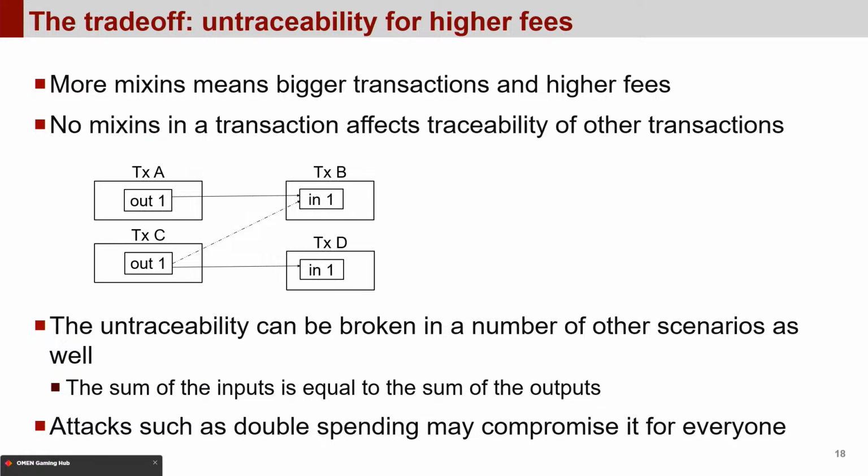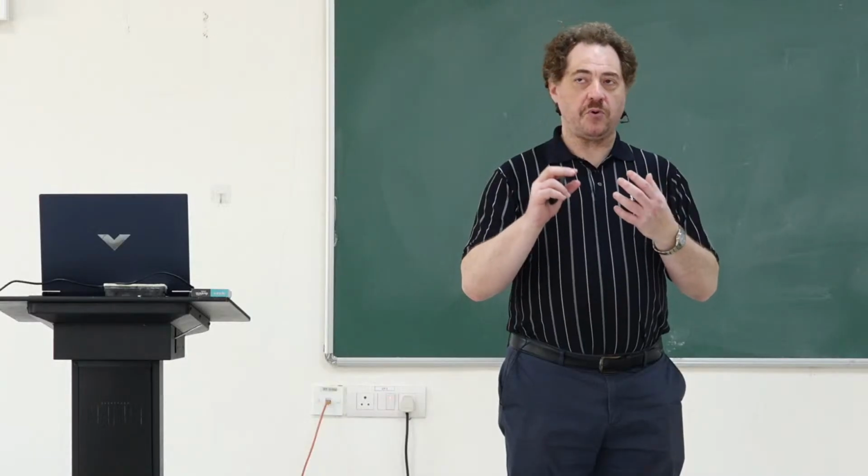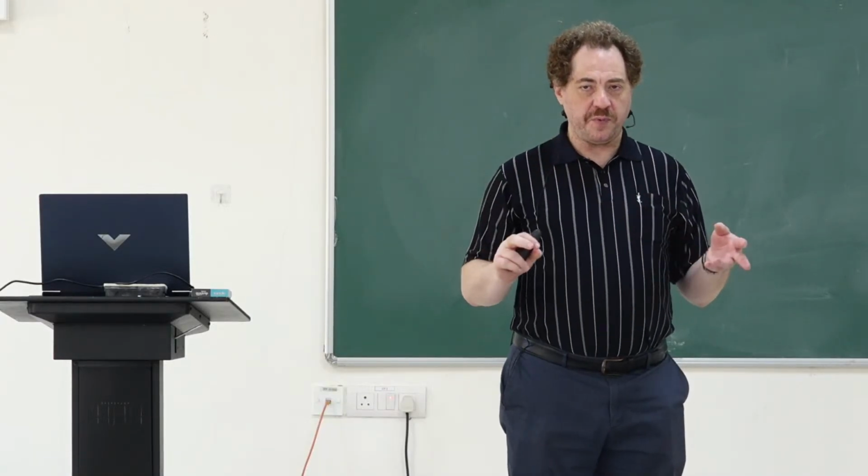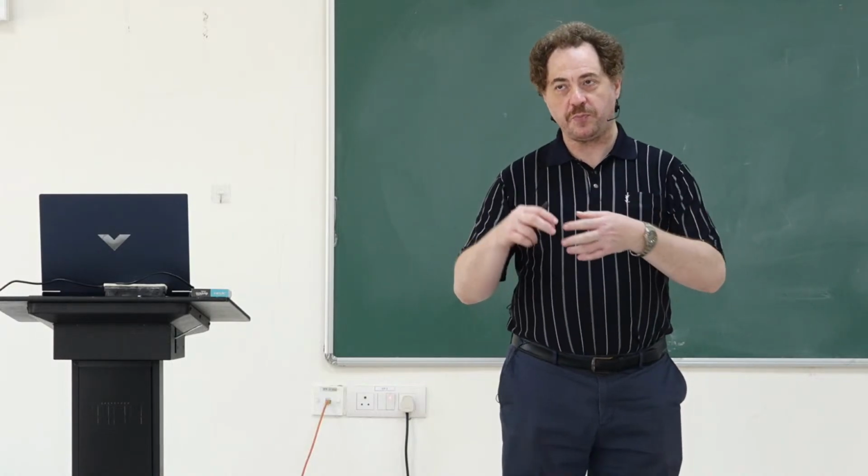Okay, second issue. If the use of mix-ins in a transaction is essentially at the discretion of a sender, how many mix-ins should I use? Well, Monero doesn't want to dictate the number of mix-ins because the sender would need to pay higher fees.